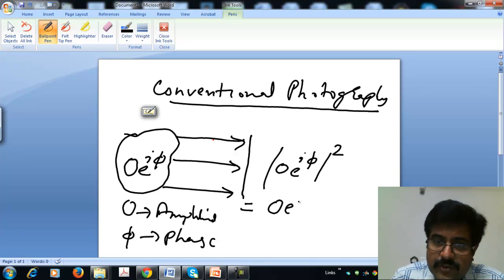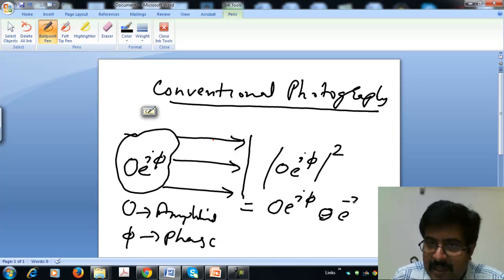O e^(i phi) into O e^(-i phi), the star also. As a result, this becomes O star O, nothing but |O|^2.